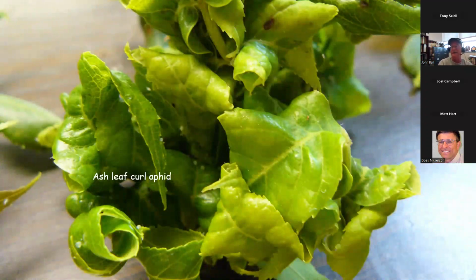Ash leaf curl aphids. They occur at the tip. They twist all the foliage like this. It gets very bunched. Now, if you pulled it open, most of the summer, you'd find aphids in there. They're living in there. But I had people that looked at this and said, you know what? I saw somebody spray, and I went out and looked at my trees in the shelter belt, and they all have this twist to them.